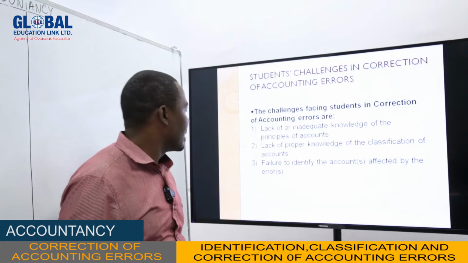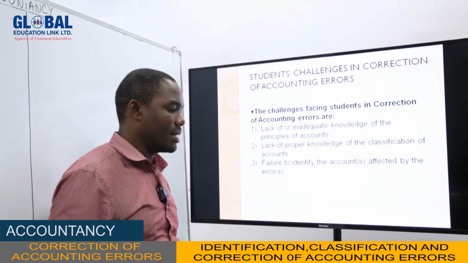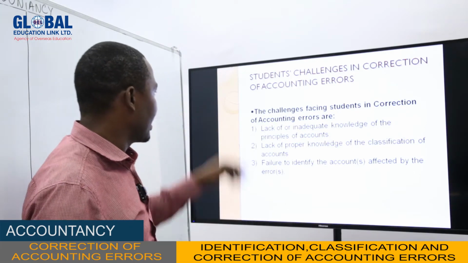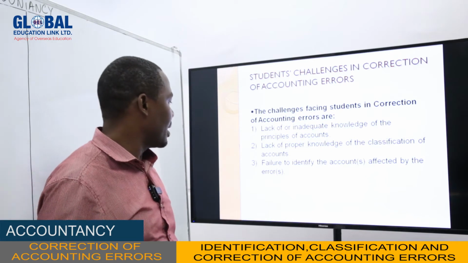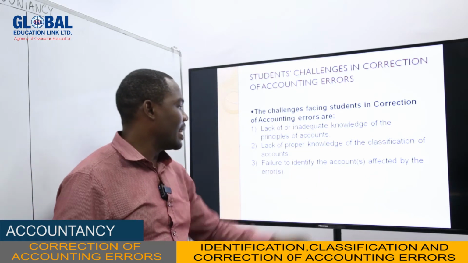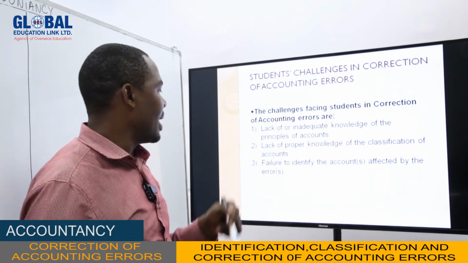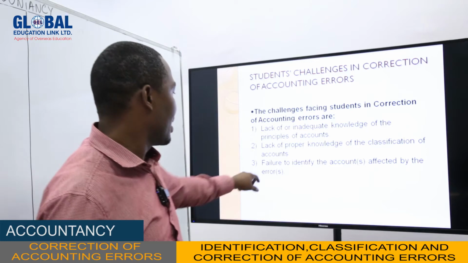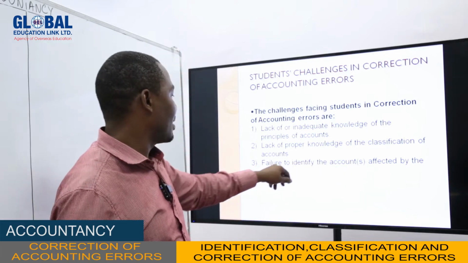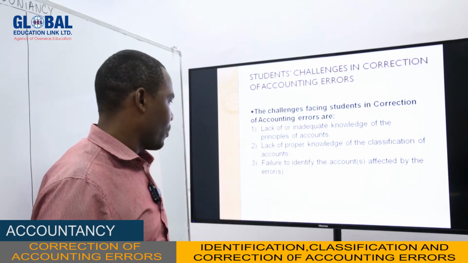But the third challenge you face as students in answering correction of errors questions is failure to identify the account or accounts affected by each error, because you may find some transactions containing more than one error.